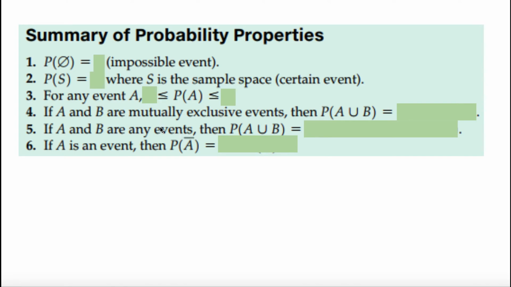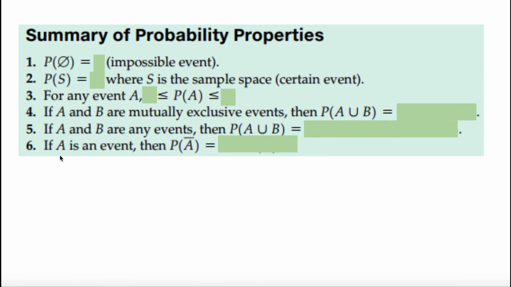If they are not mutually exclusive, or even including that case, for any events, the probability of A union B should be the probability of A plus the probability of B, and you subtract the probability of A intersection B, right? Okay.